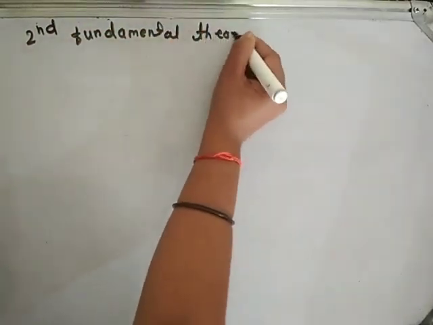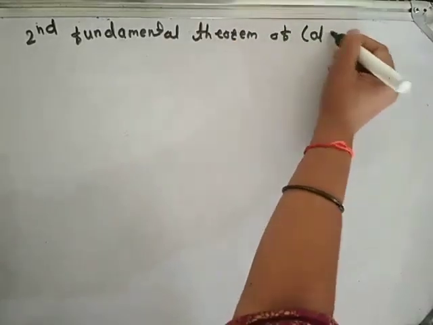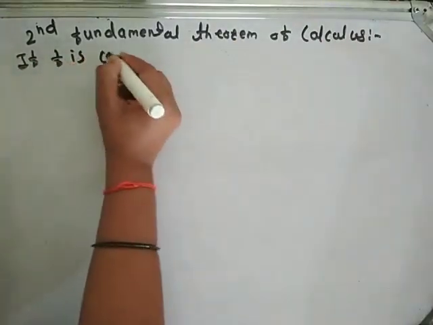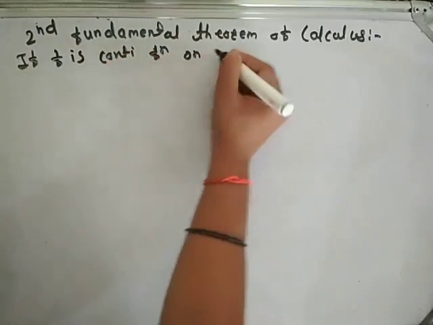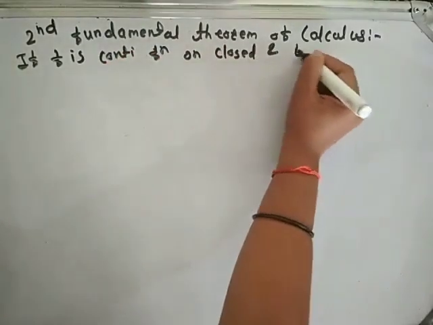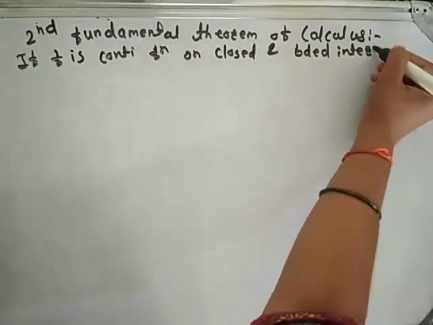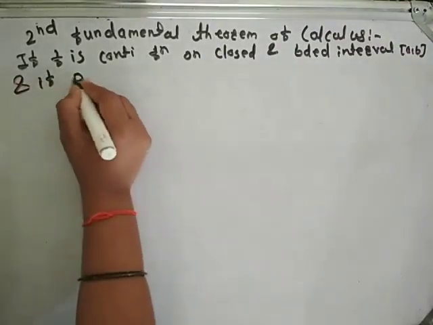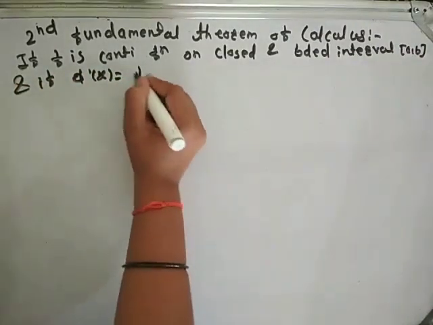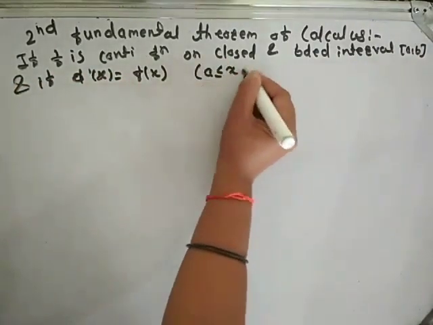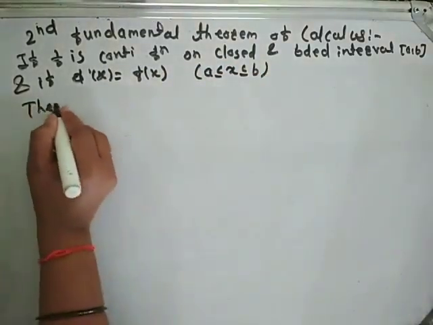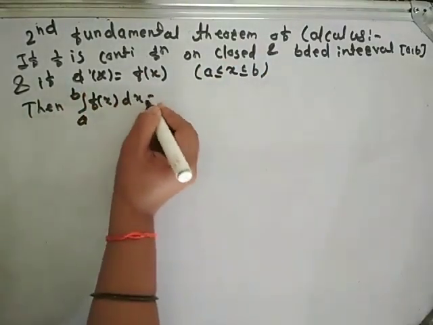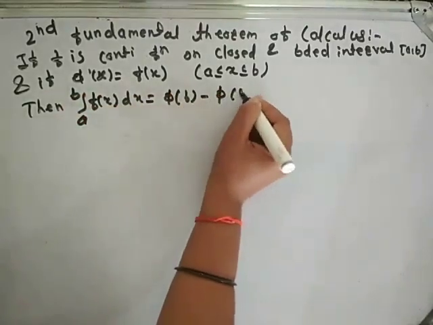If f is a continuous function on the closed and bounded interval [a, b], and if phi dash of x is equal to f of x, for a less than or equal to x less than or equal to b, then integration from a to b of f of x dx is equal to phi of b minus phi of a.